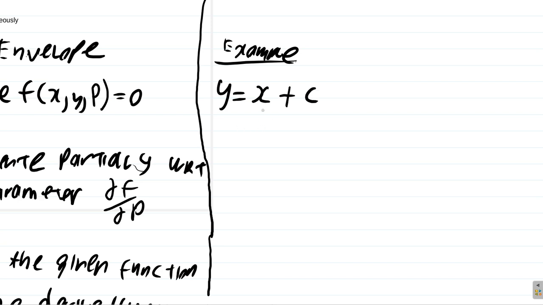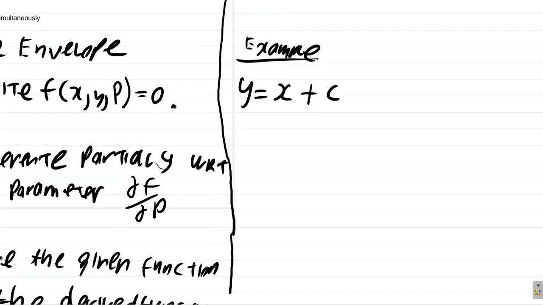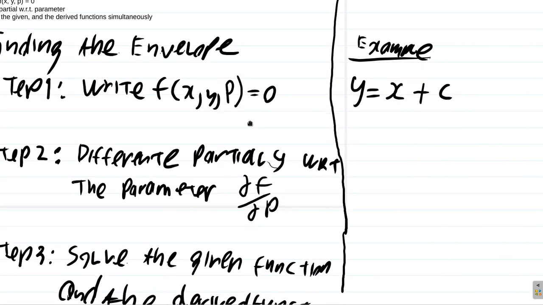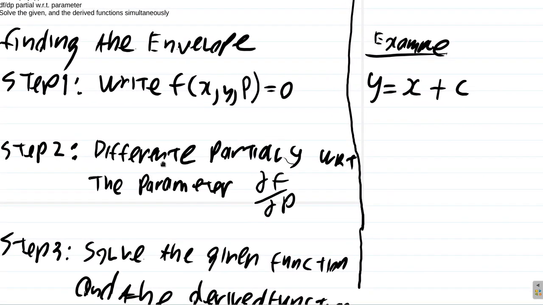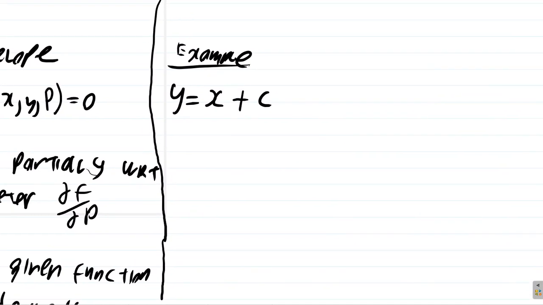Now remember our step 2, differentiate. Oh, step 1. We don't want to skip over step 1. x plus c minus y is equal to 0. Write it like that. Then differentiate with respect to the parameter. Our parameter is c.